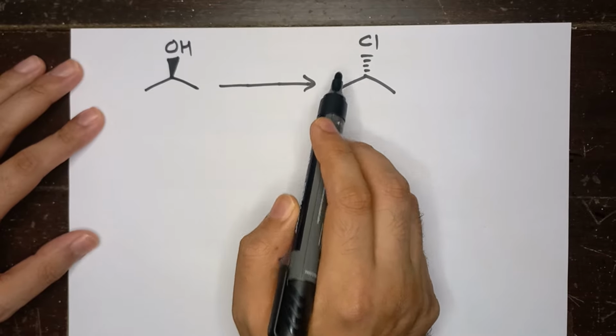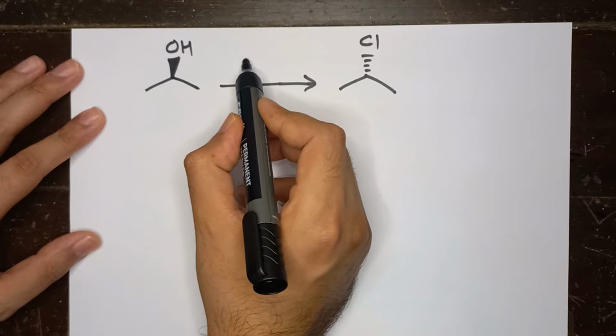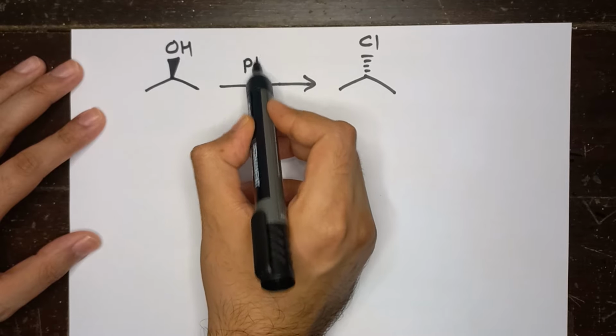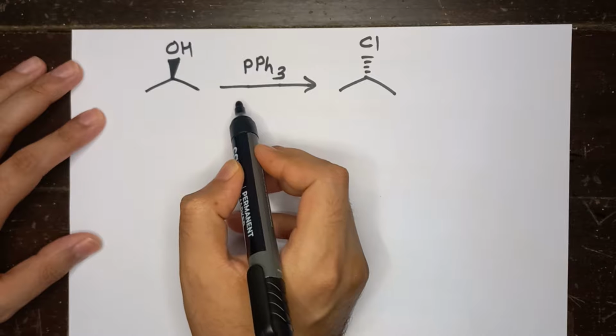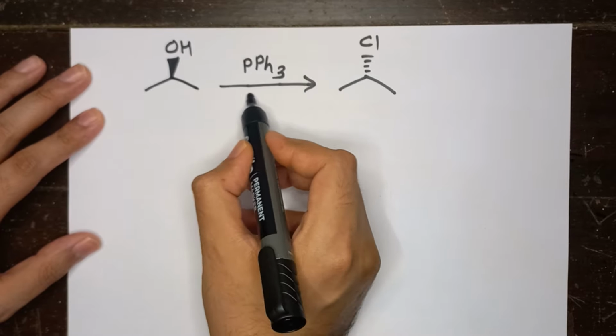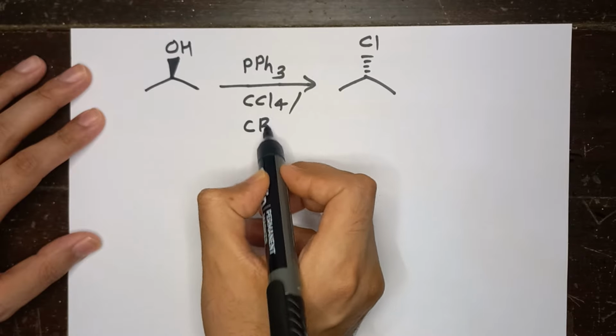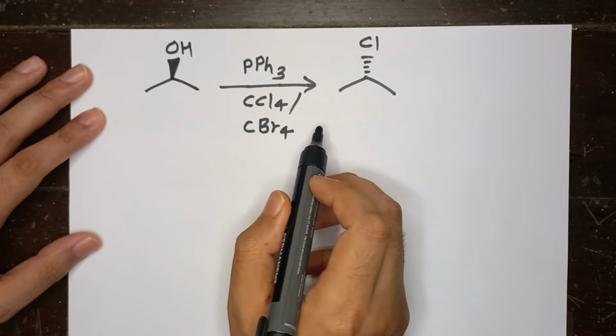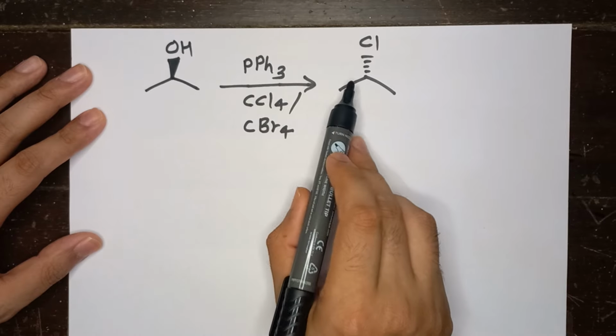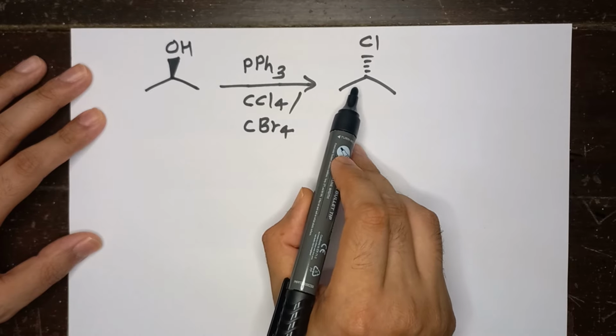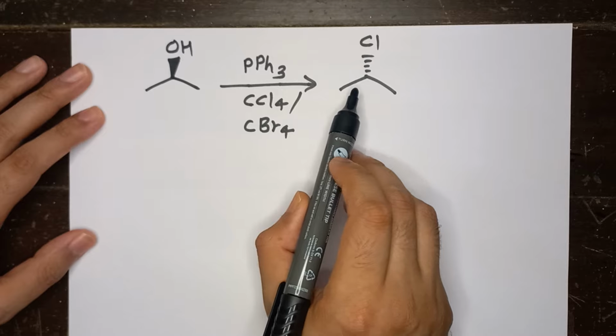So the reagent you need is triphenylphosphine with carbon tetrachloride, or you can use carbon tetrabromide. So this is all you need to convert your alcohol into haloalkane and reverse the stereochemistry. So let's see the mechanism.